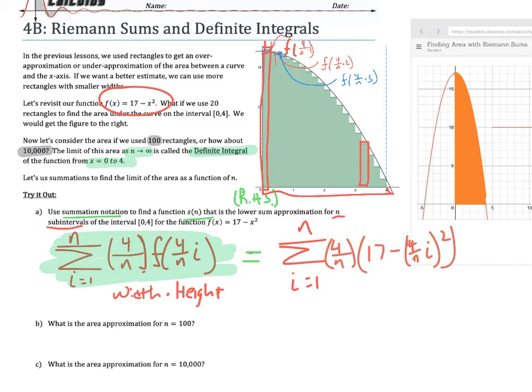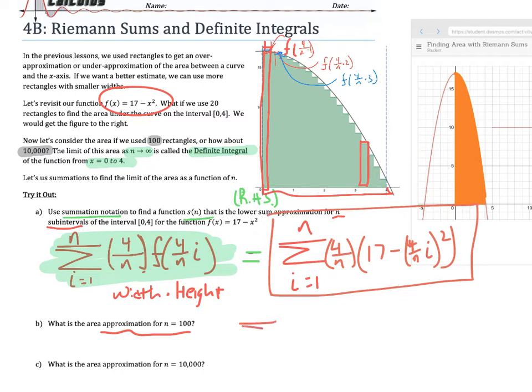All right, there we have it. Now we want to evaluate that, and we want to find the approximation. Let's use that for n equals 100. There's our function.